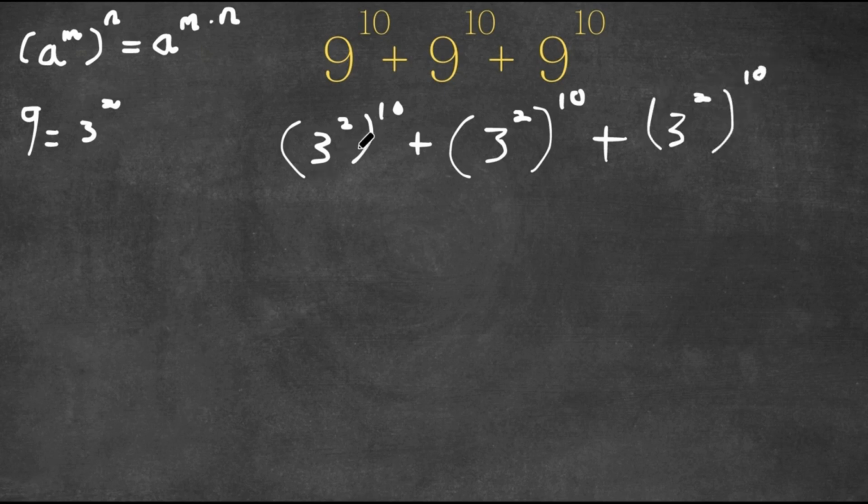And now, as you can see, all three of our terms are in the form a to the power of m to the power of n. And remember, that is equal to a to the power of m times n. So this would equal 3 to the power of 2 times 10. And the same goes for the other two.